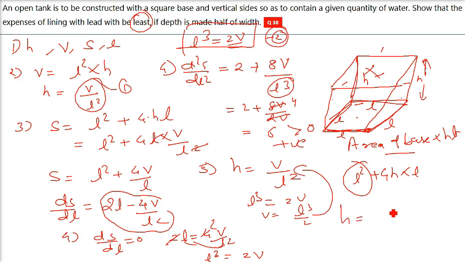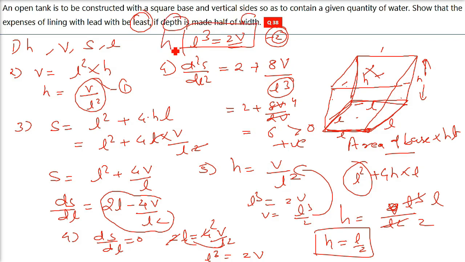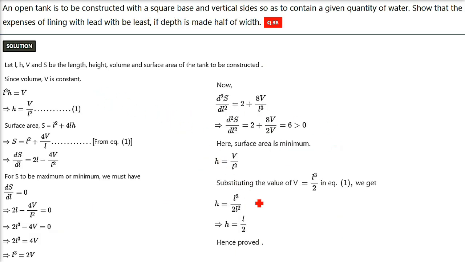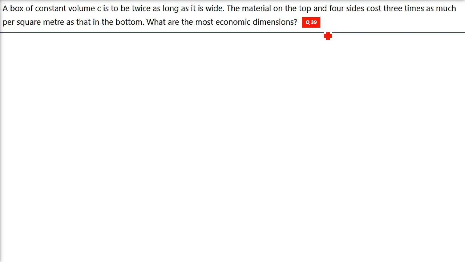So H equals L cube by 2 over L square. This gets cancelled, so H is L by 2. This is what we need to prove. This is what we got. Okay. Just remember, H is the depth, width is the L. So all discussion is represented here in front of you. Thank you so much.